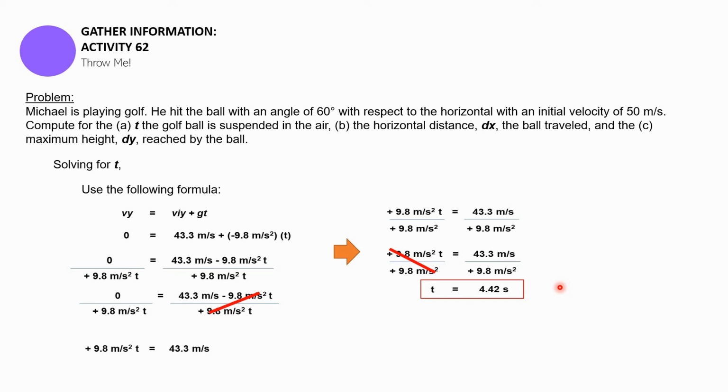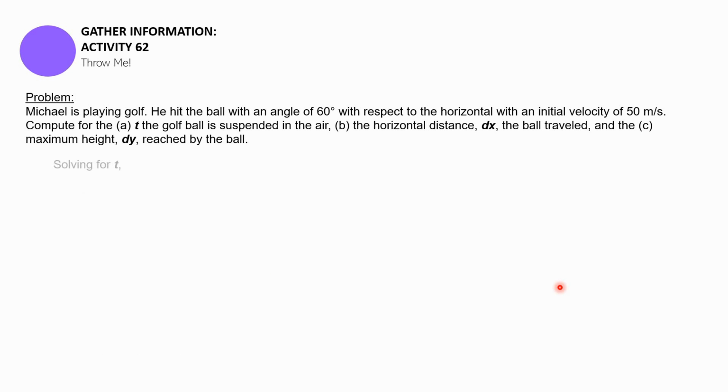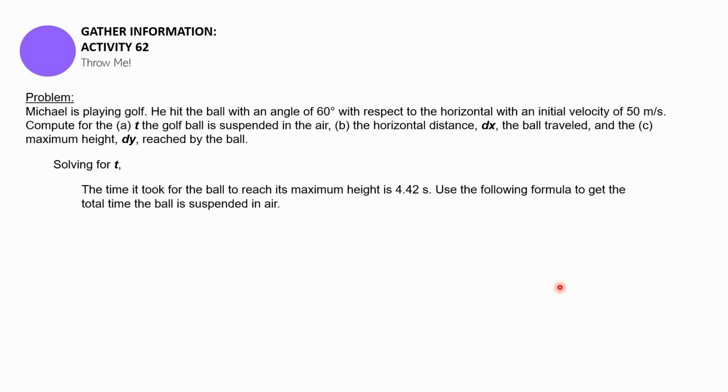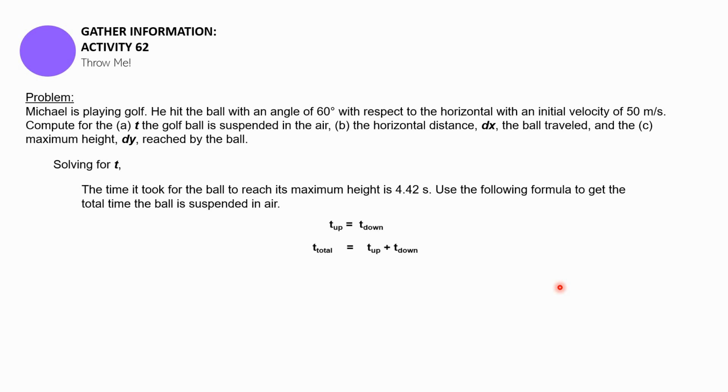Bali, kinuha natin yung VIY una kasi kailangan natin siya sa pangalawa. And you will soon know that they are connected pa. Okay, so, halimbawa, for the next one, this is not actually solving for T anymore. What we're looking for here is the total time. The amount of time it took for the ball to go up must be equal to the amount of time that it took for the ball to go down.